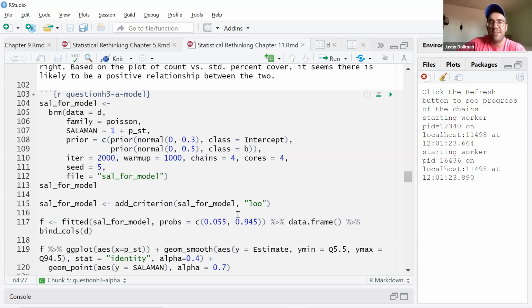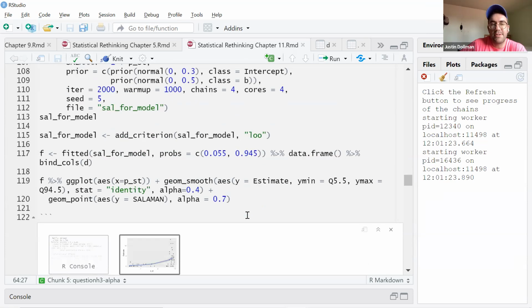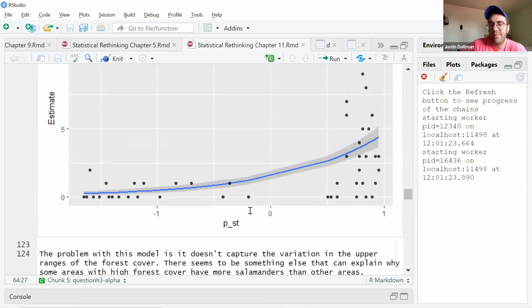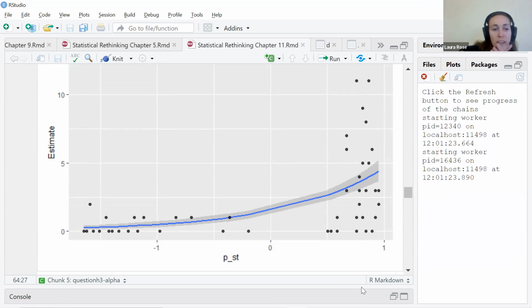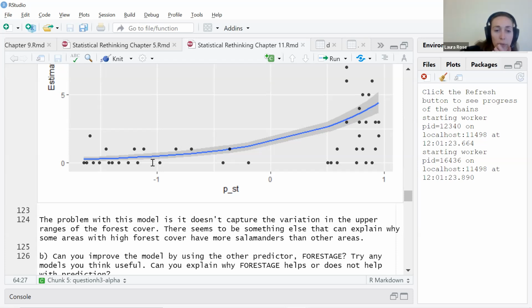Right, so you can only predict one mean for each percent cover. Yes, exactly. But what I'm saying is there's a whole lot of variation around here. The model does not seem to be capturing whatever's going on up here in the upper ranges. Down here it does a pretty good job, it seems like. Well, reasonable anyways.